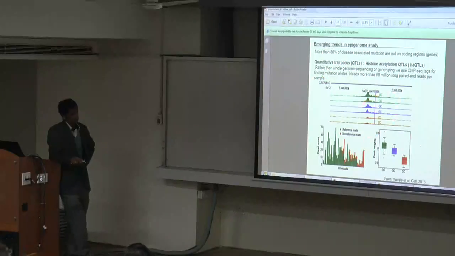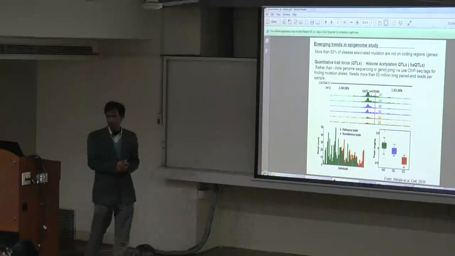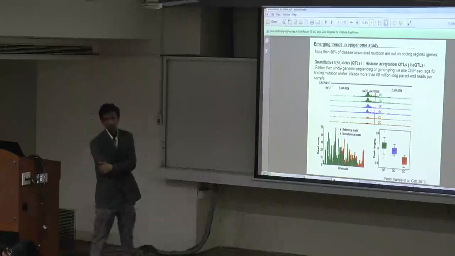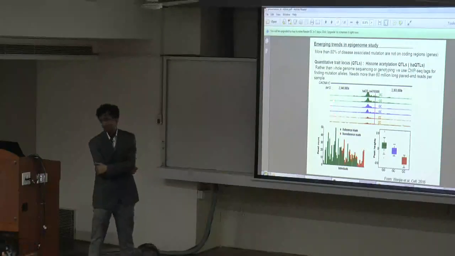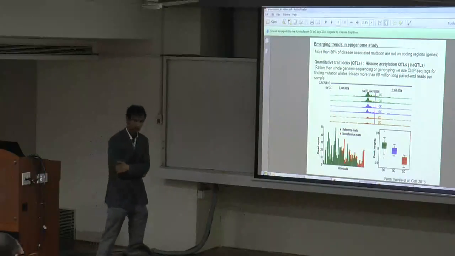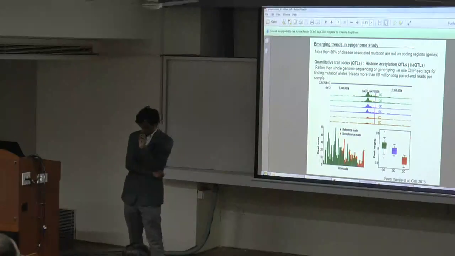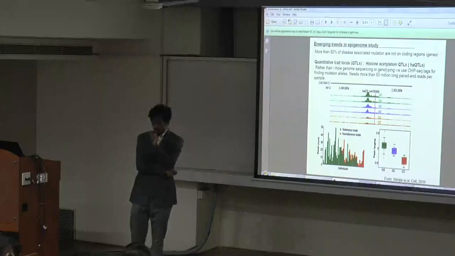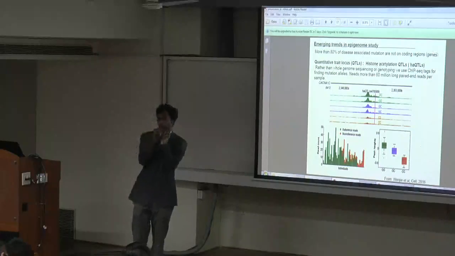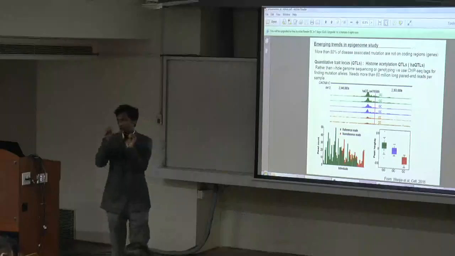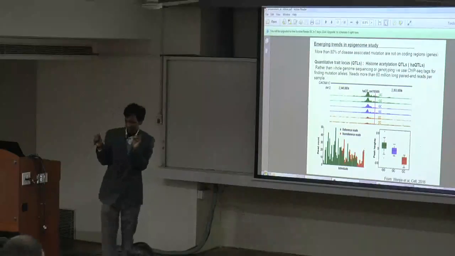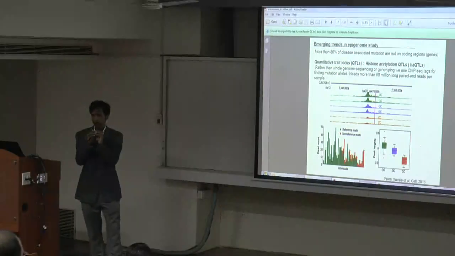People have done whole genome sequencing of 10,000 individuals, and now they are doing more. Why are we doing it? There are different purposes. One purpose is that we are trying to find the mutations, the genomic variations from different individuals, and trying to correlate that with the gene expression, or with the phenotype.